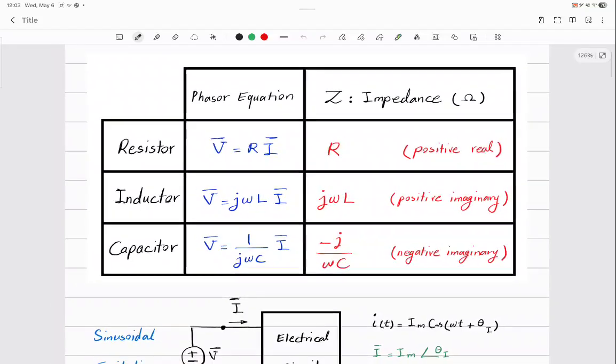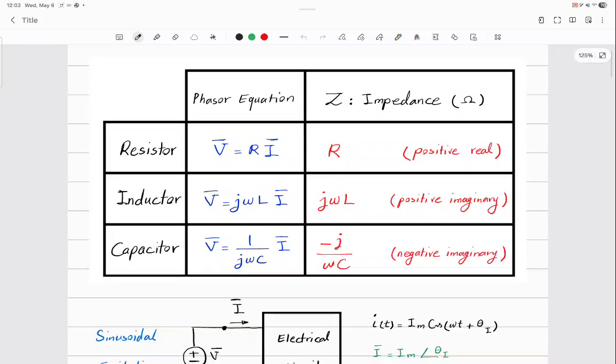Okay, let's do a quick review of the previous lecture topics. We introduced the concept of impedance, which is like a high class or fancy term for resistor in phasor domain. So I want you to remember, what is the impedance of a resistor? Itself, R. What is the impedance of an inductor?